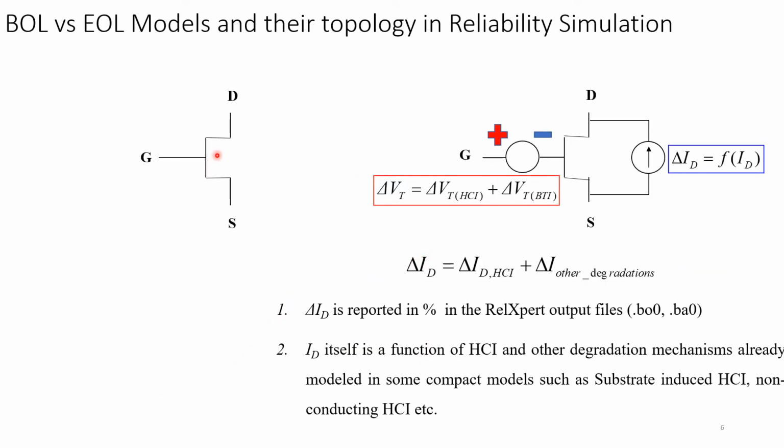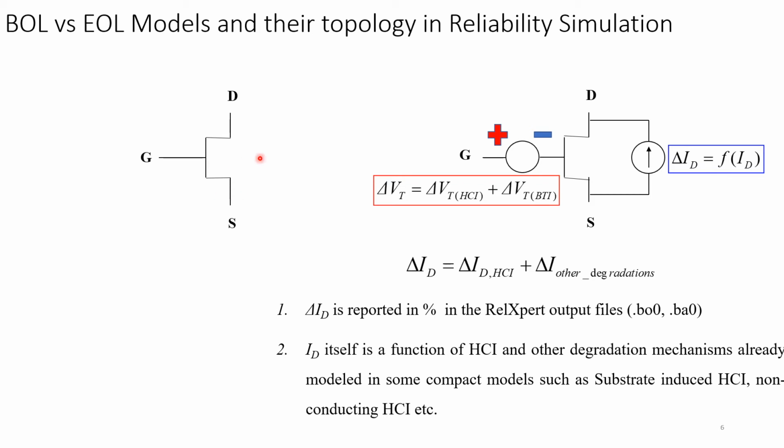One simple way to explain how any reliability simulation is done is to look at this device. The left-hand side device is the beginning of life device, which is the bare sub-circuit model or simple model that a PDK has for a MOSFET. You have drain, gate and source terminals, and inside this you can have a big sub-circuit model which models the device cross-section, the parasitics, and all that.